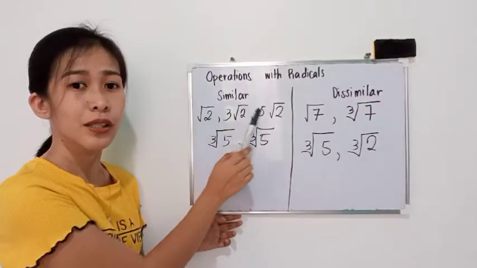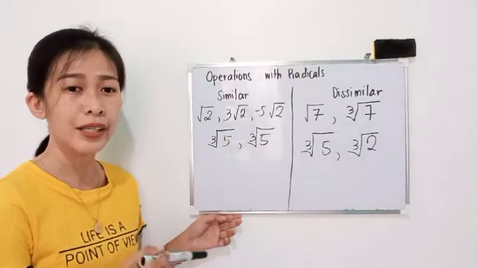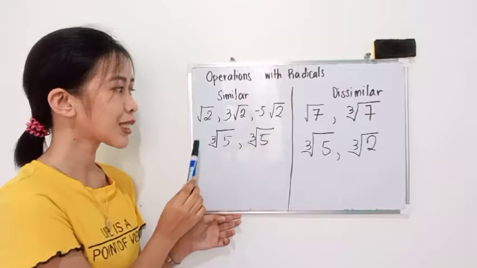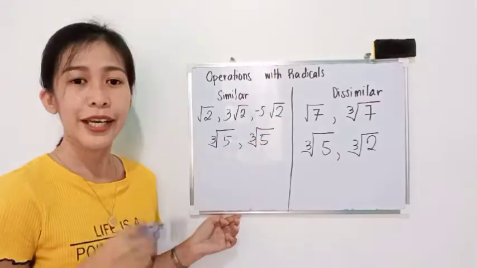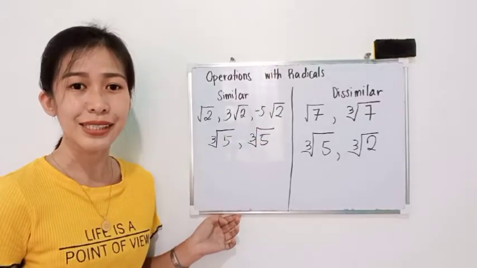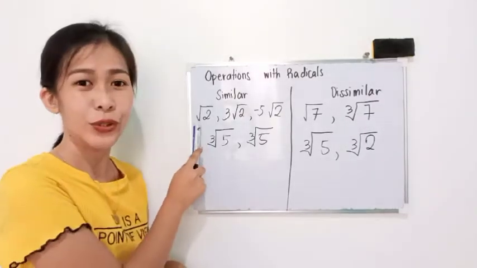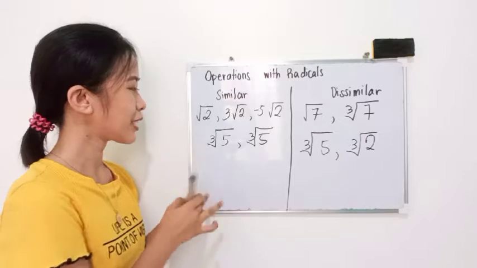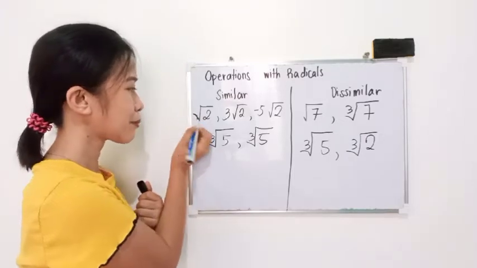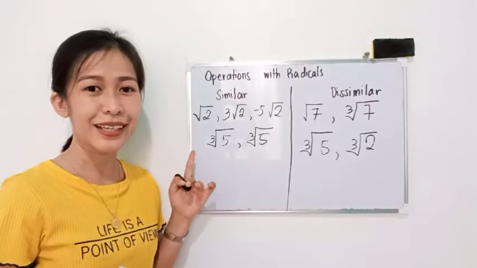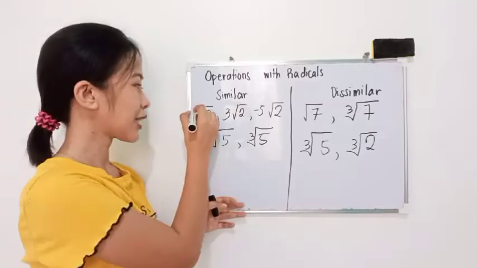They are similar radicals in terms of their radicands. As you can see, pare-parehas silang 2. And of course, in terms of their indices or index. So, ayan, pare-parehas yung kanilang square root. Since ito ay walang nakalagay dito, sa pinaka-index na lalagayanan, automatic yan ay 2, no?